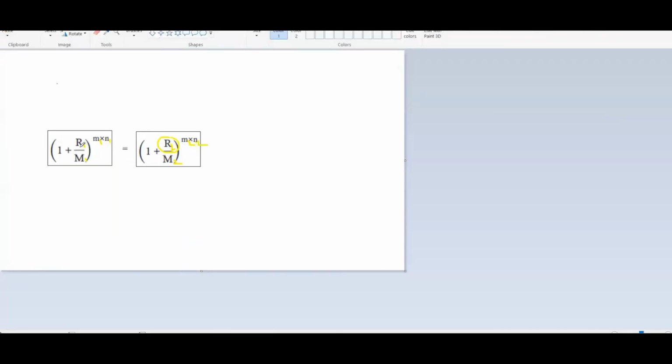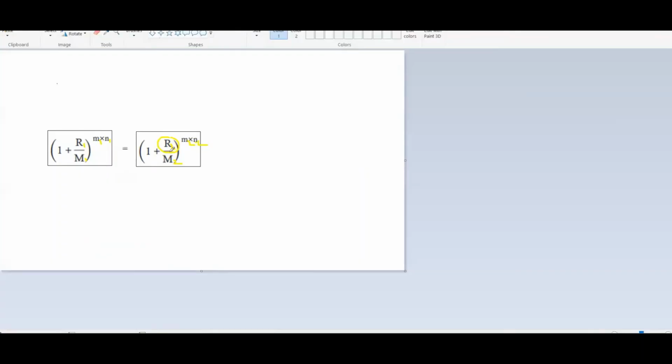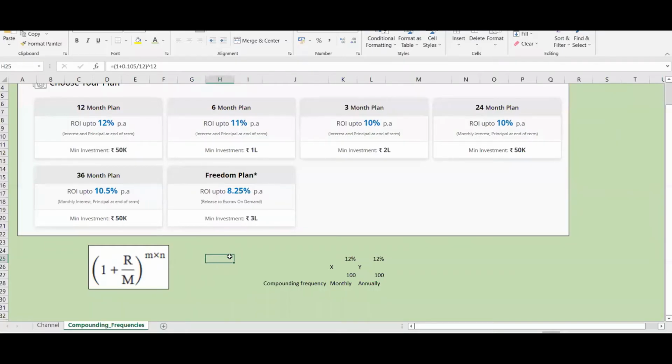Yeah, so what we can do is we can put 10.5%, and M is basically 12 for this option B. And for option A, we will assume that this is also an annual one, and we will calculate the R. If you look at these options, I had deliberately kept it in green so that we don't get the answer directly.